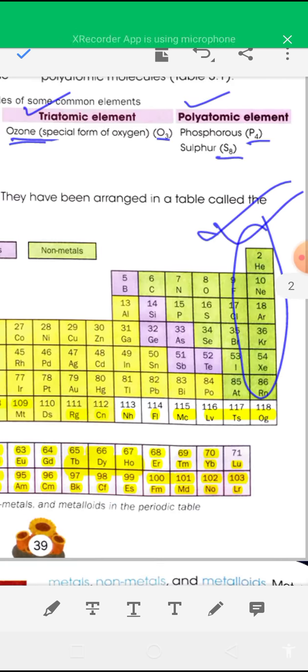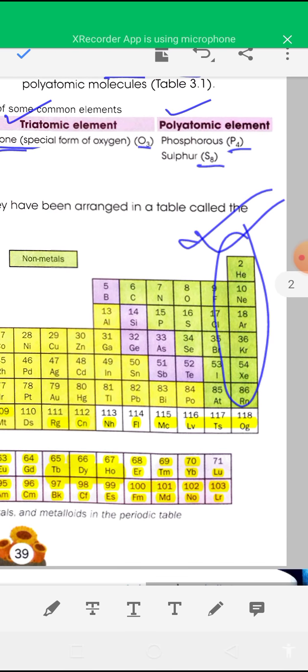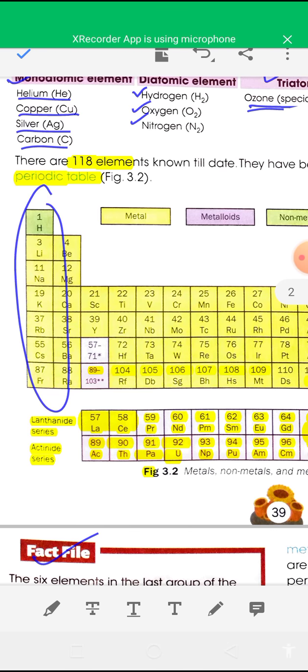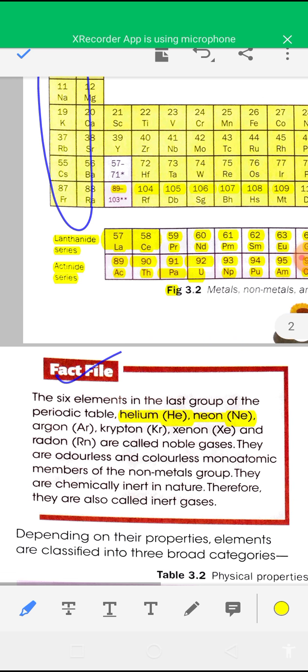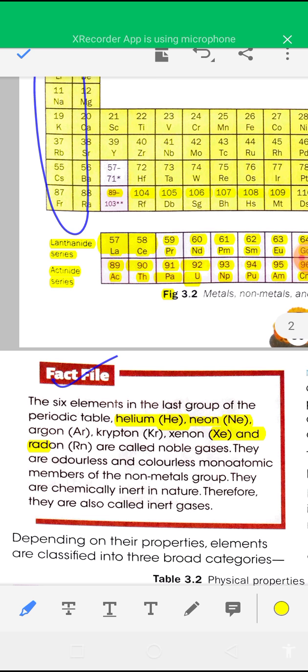You can see there, the six elements helium, neon, argon, krypton, xenon and radon are present in group 18, the last group of the modern periodic table. These are known as noble gases. They are odorless, colorless, monoatomic.